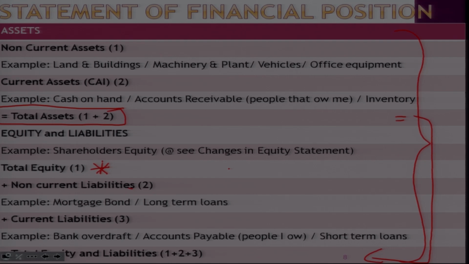But I just need to tell you guys, if the statement doesn't balance, don't cook the books. Don't make it balance. Because we basically give you answers to see, do you know what a current asset is? So then you get answers for all these elements. That's on the question that you can now bring onto the answer sheet. And we will see, okay, the student knows what a current asset is. The student knows what is equity. The student knows what is a mortgage bond, long-term loan, bank overdraft.